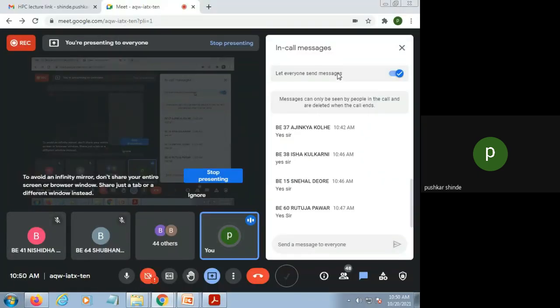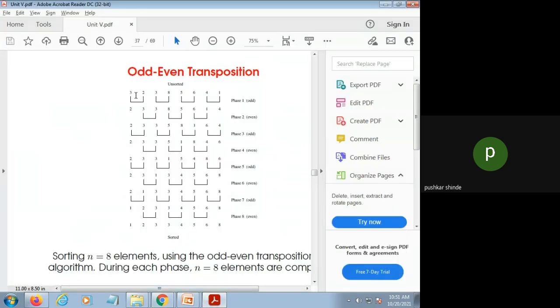Getting the concept, students, how it will work on parallel processors? Each number with one processor. Whatever we saw for the sequential algorithm, the same thing will be done for the parallel algorithm. Instead of numbers, there will be processors holding the numbers, and consecutive processors will do the compare exchange operation.